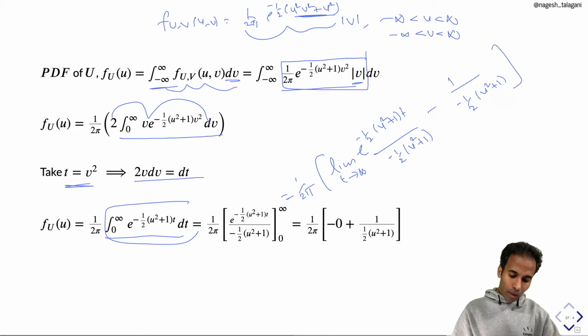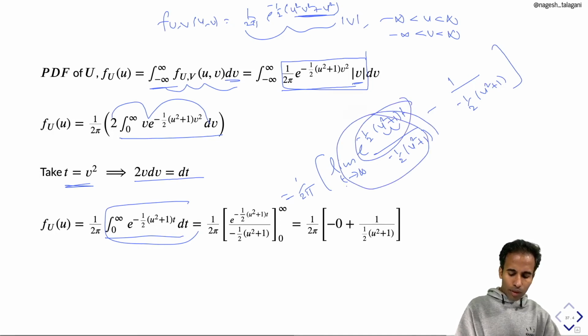Okay. Here this u square plus 1 is positive. As t goes to infinity, this will go to 0. So this will be 0. And minus minus here is plus. So we end up with this. So the 2s cancel. So you will end up with 1 by pi times 1 by u square plus 1, for minus infinity less than u less than infinity.